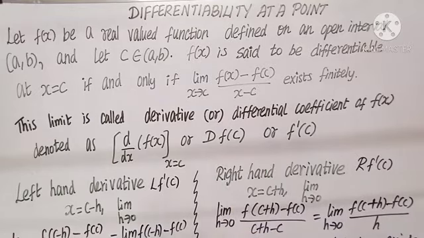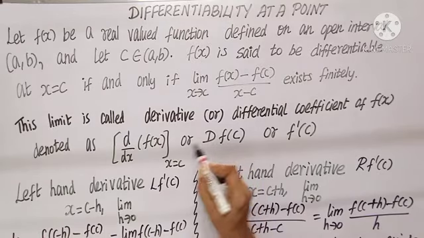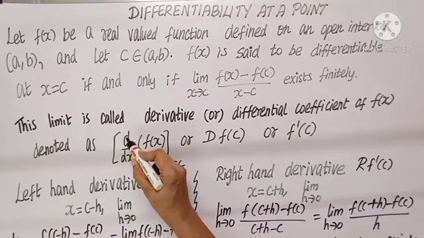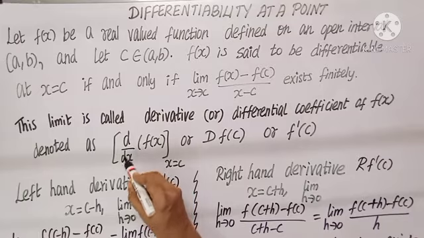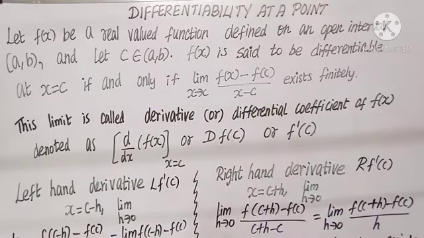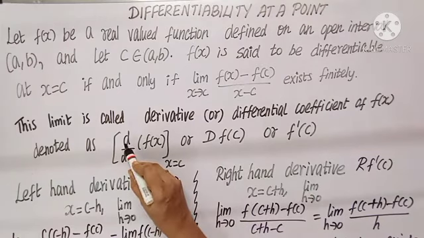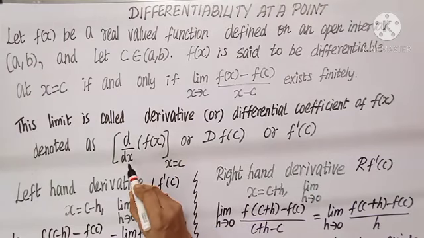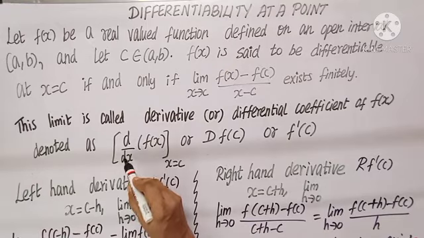Another way, capital D can also be denoted as d/dx. Why do I put dx? Change in x only comes in the denominator. So the derivative of f(x) with respect to x tells me x is in the denominator.